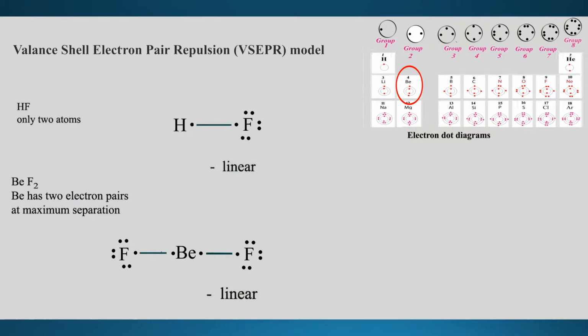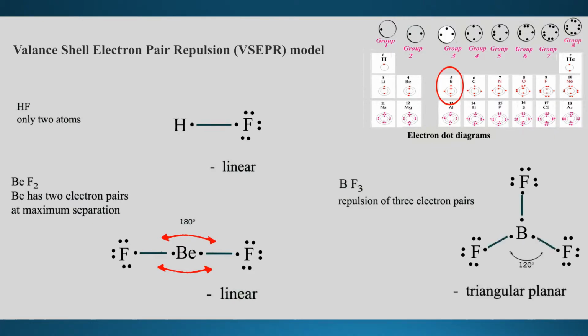And these 2 try to repel each other. It will look like this. So each pair repelling makes it into a 180-degree linear shape. Further example, group 3. BF3. Look at where B is. B has 3 electrons, in group 3. So how many pairs are there? They will have 1 pair bonding, 2 pair bonding, 3 pair bonding.